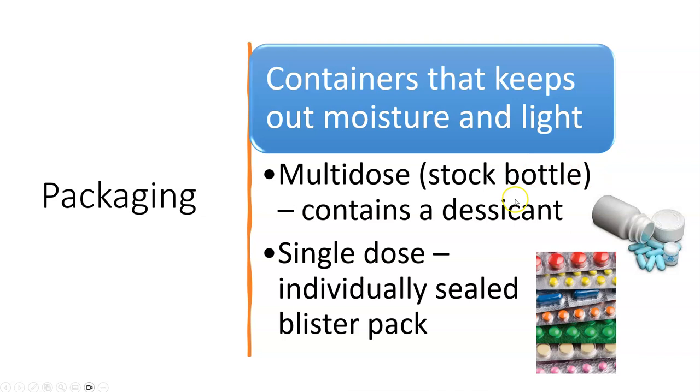Now, these desiccants have to be dispensed in a multi-dose stock bottle. If things are individually sealed into blister packs, that is considered to be a single dose or a unit of use. So manufacturing has to be described in the whole process of how the drug is being approved by the FDA.